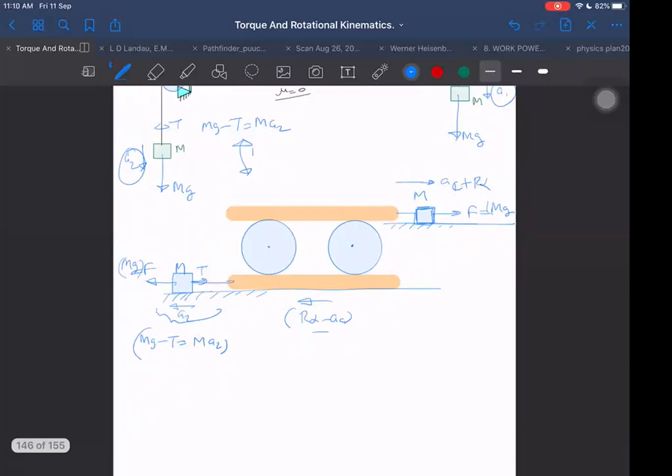Now, what will be the net equation for this complete system? Sigma Fi is equal to sigma Mi Ai. Now here the forces will cancel. This force and this force will cancel here. F and F. Net force will become 0.